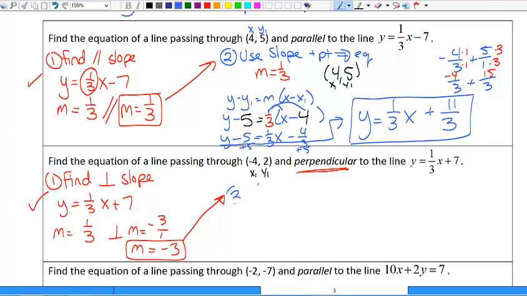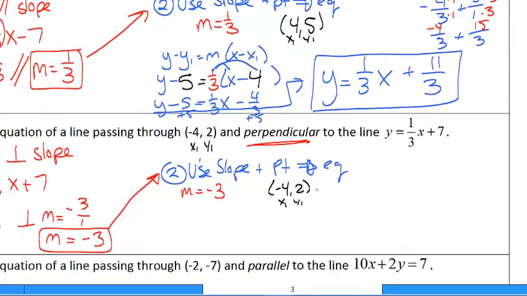So now that I have a slope, I'm going to use that slope and my point to get my equation. So my slope is negative 3. My point is negative 4, 2, which is x1, y1.